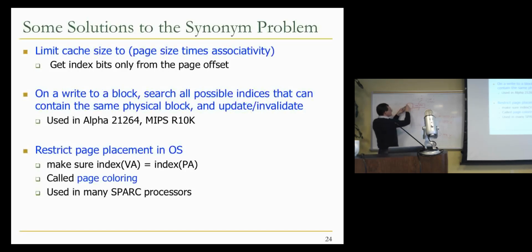And the idea is, if the same physical address exists in multiple different locations in the cache, when you're writing to one location, you know all of the possible indices that can contain the same physical address, because you have only a limited number of bits. They can only be located in a limited number of locations specified by the limited number of index bits that come from the virtual page number. For example, in this case, when you're writing to an address in x0, you also go and check if the same address exists in x1, because you know this index bit can change, right?